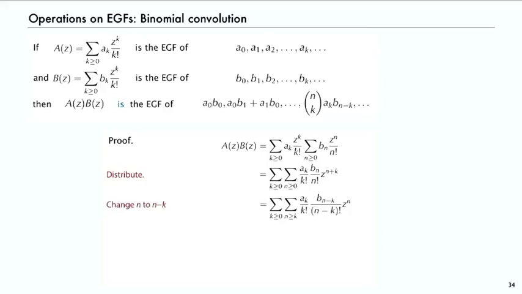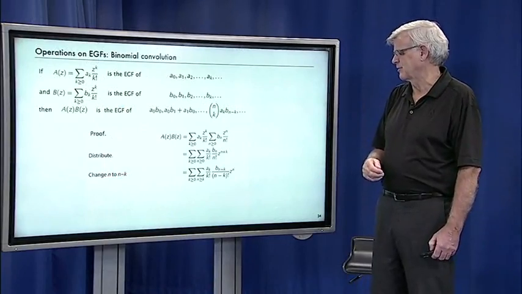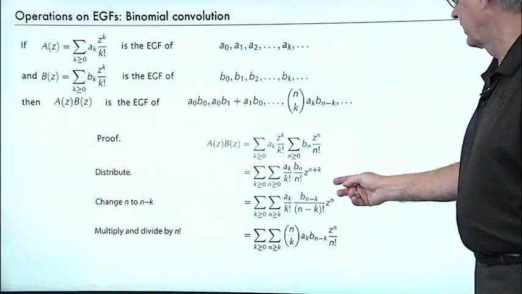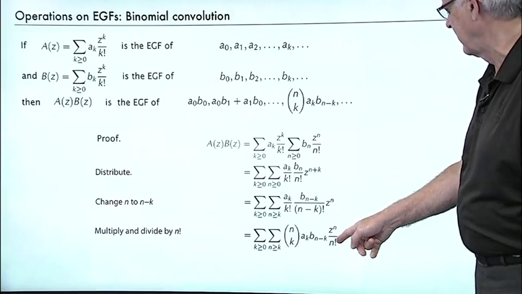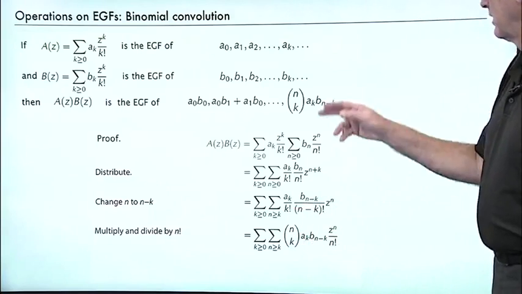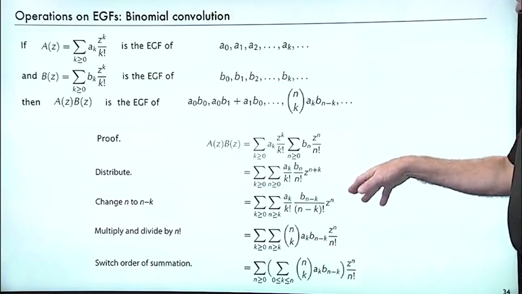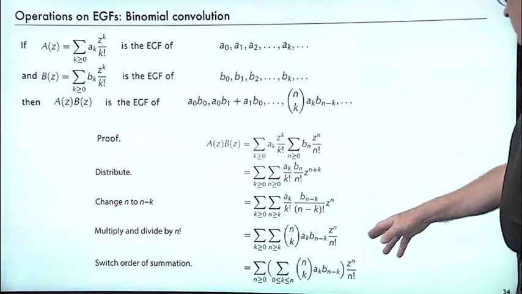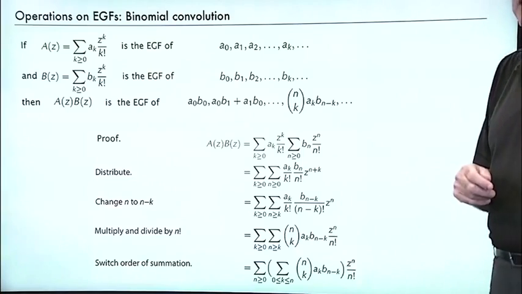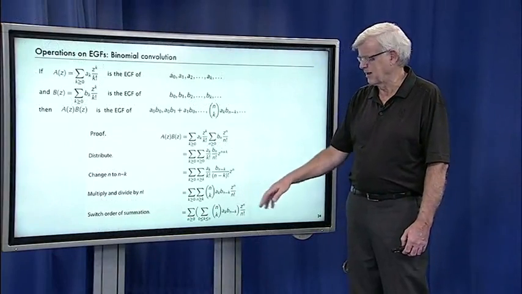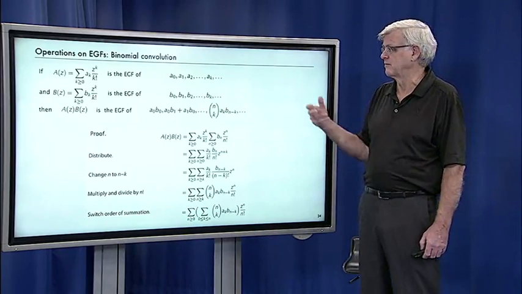So distribute, now when we change n to n minus k, we've got a k factorial, n minus k factorial. But then we need an n factorial in the denominator anyway, so we multiply and divide by n factorial, and now, after we switch orders, we've got an exponential generating function for this convolved sequence, the binomial convolution. And actually there's plenty of applications where these kinds of sequences arise, and we'll see them very soon.